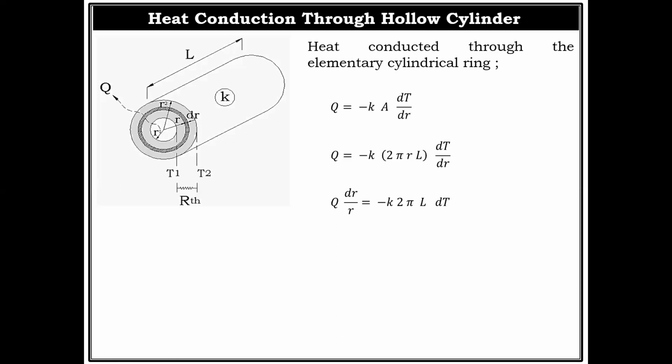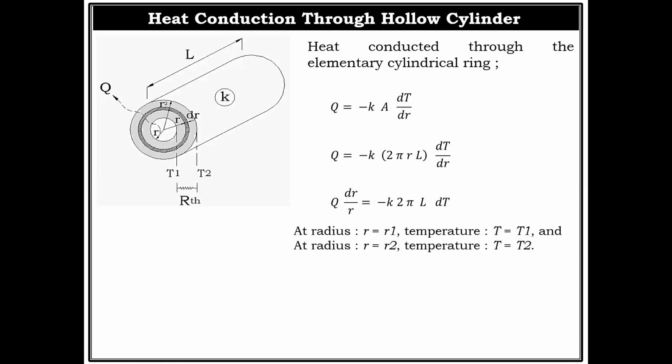Now on this equation we have to apply limits, and those limits are from the inner surface to the outer surface. So at radius r equals r1, that is the inner radius, the temperature will be T1, and at radius r equals r2, that is the outer surface radius, the temperature will be T2.